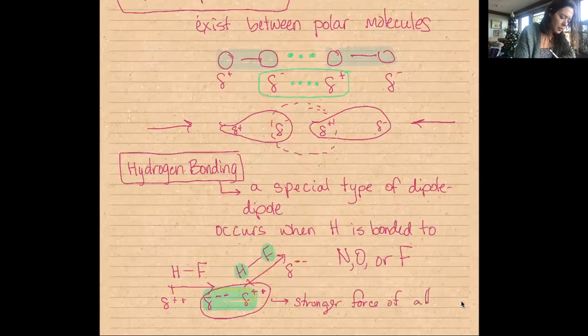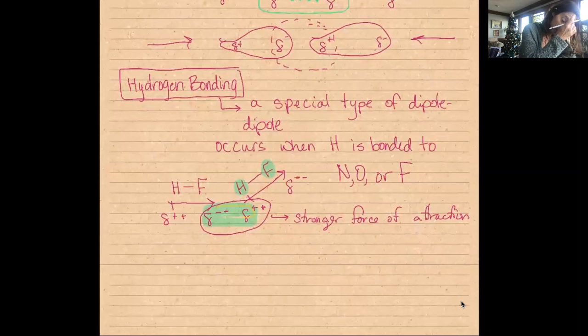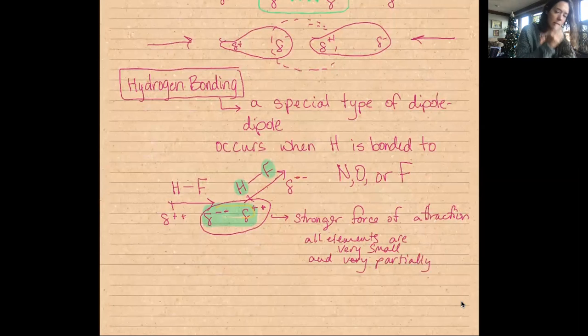Okay? The greater the magnitude of charge and the closer they can get, the stronger the attraction. All of these elements are very small. That allows them to get closer together and very partially charged. So we've got a greater charge. Think about two magnets. The closer you can get them together, the greater attracted they are, and the more charged they are.